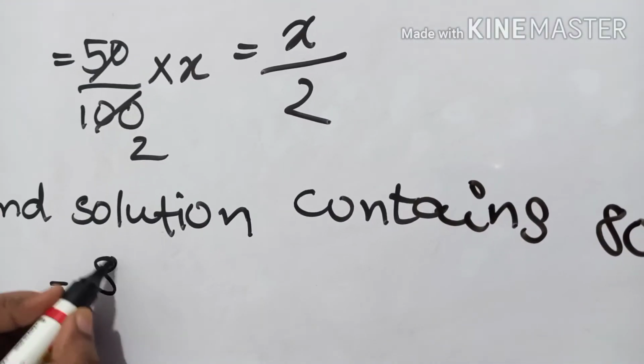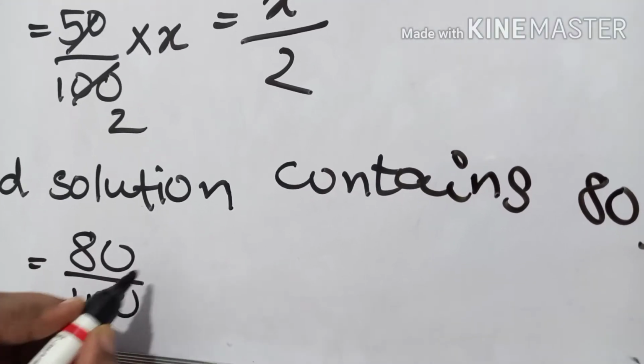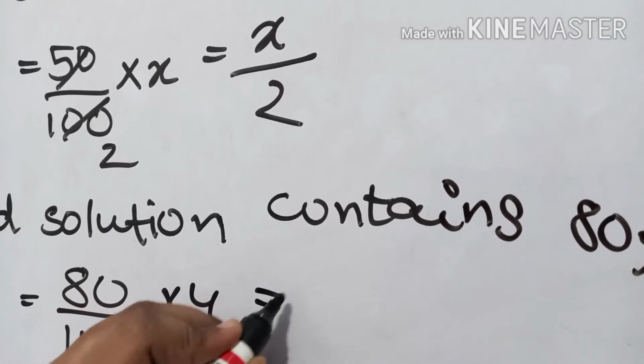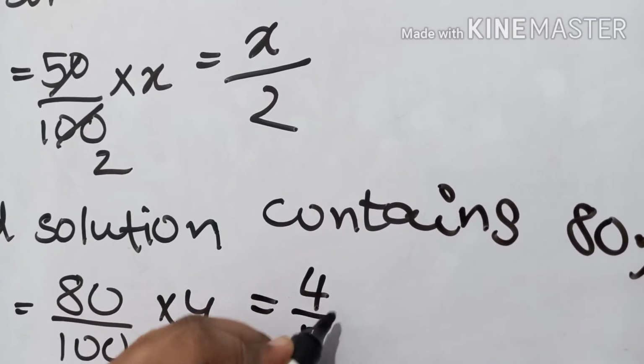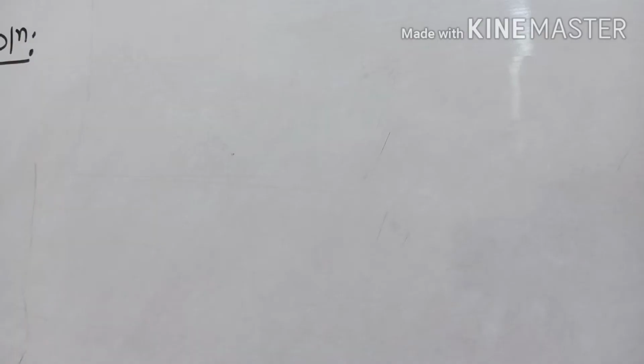So 80 by 100 into y, that is 4 by 5 into y. Now we have got the two variables as x by 2 and 4 by 5 y.